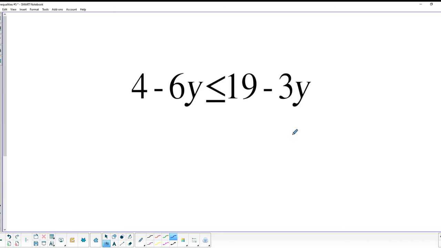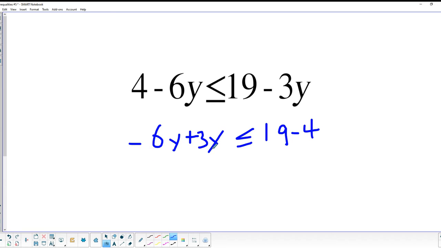All right, let's move all the y's to the left side and all the constants to the right side. So I get negative 6y. Bring the negative 3y over to the other side, it becomes plus 3y, is less than or equal to 19 minus 4. When we take that 4 across, it becomes minus 4.